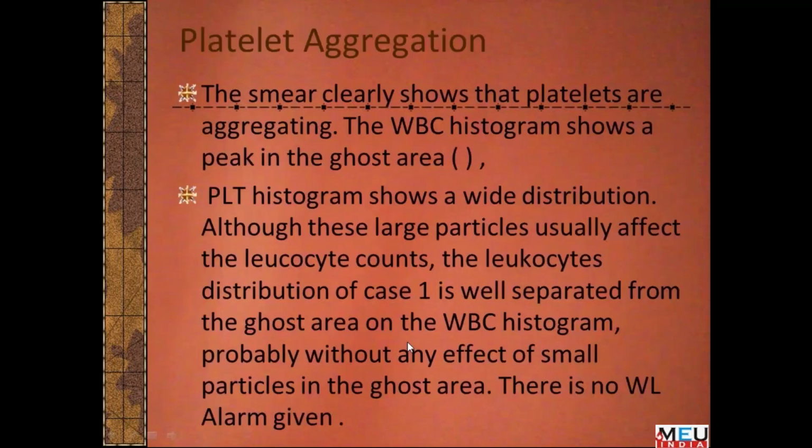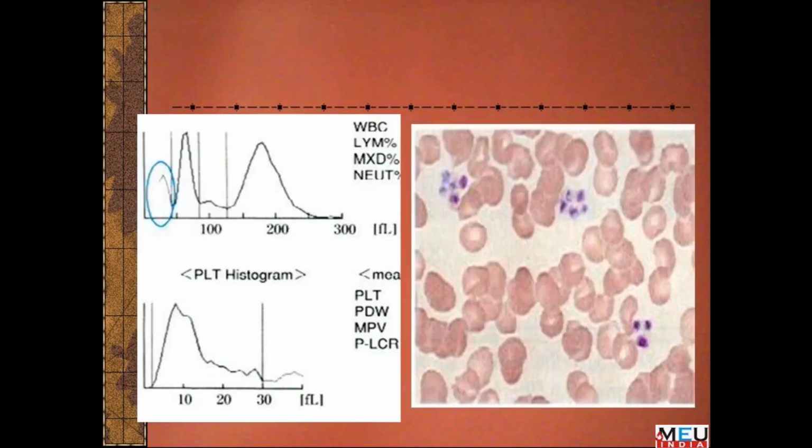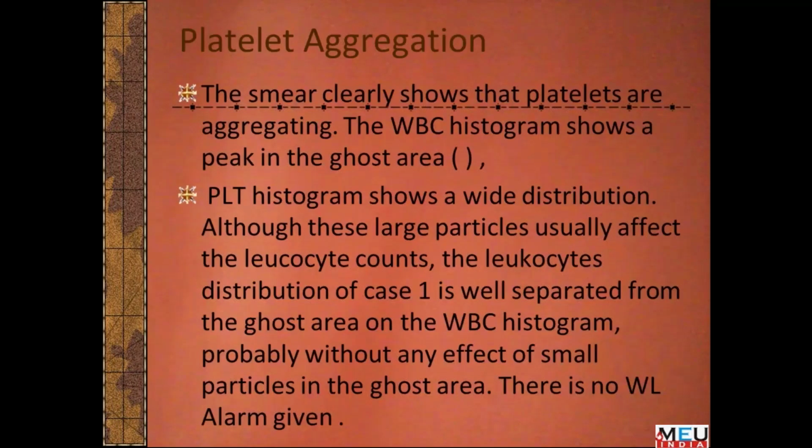Platelet aggregation disturbs the WBC histogram, creating a ghost area as in this one, and sometimes the platelets clump and create an alarm.